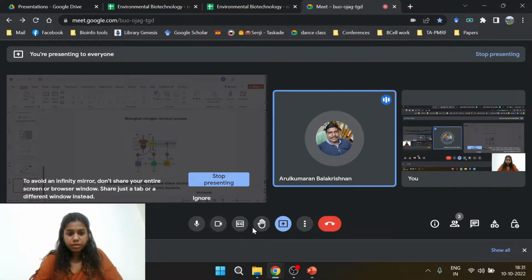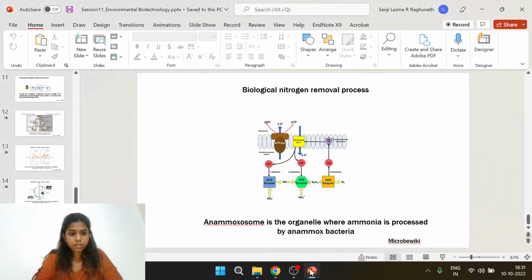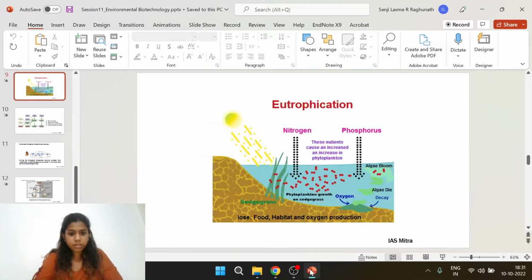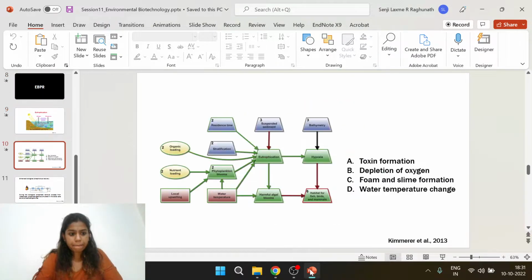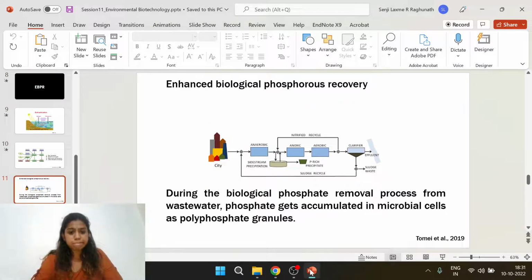One question: for enhanced biological phosphorus removal, we can add anaerobic or facultative anaerobic bacteria, because mostly it will happen in the water region, right? The water will also contain some dissolved oxygen, even a minimal amount. So facultative anaerobes will be the better choice, right? Yes.